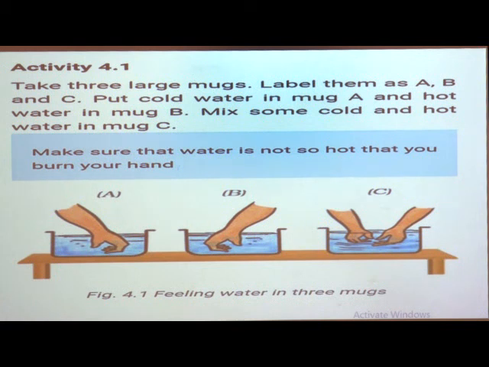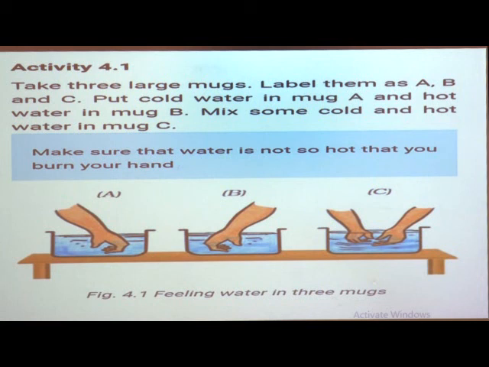So by touching hot objects or cold objects with our hands, we cannot know how much temperature is there. Okay, the exact temperature of hotness and coldness, we cannot measure it.